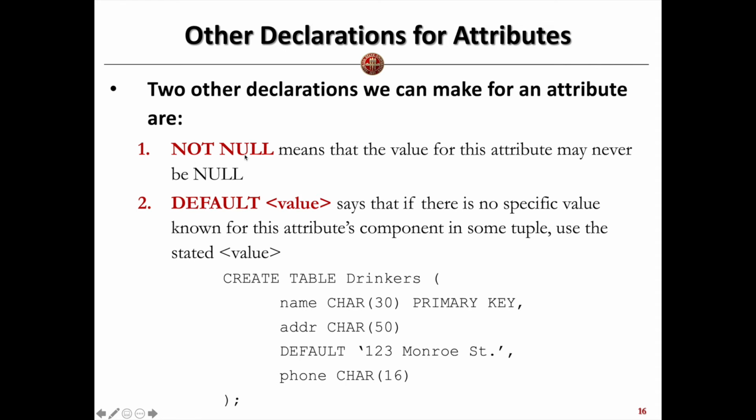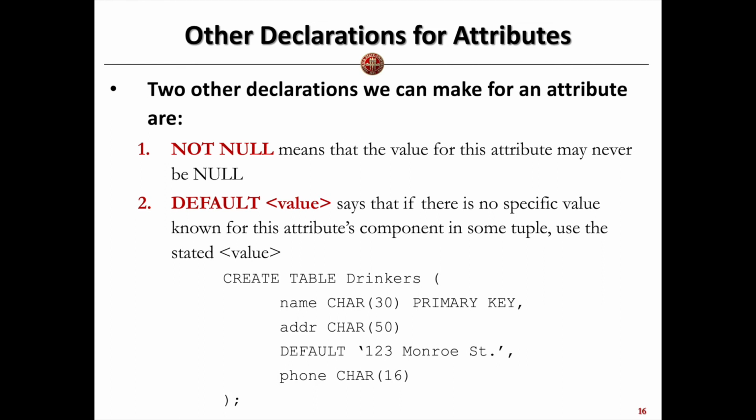This not null means that the value for this attribute should never be null. If we declare some attributes as not null, when we add some data tuples into tables, we can never allow the corresponding entry to be null in the data tuple. We should always have valid values for the attribute.